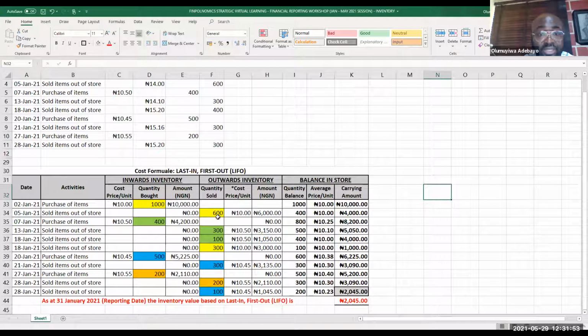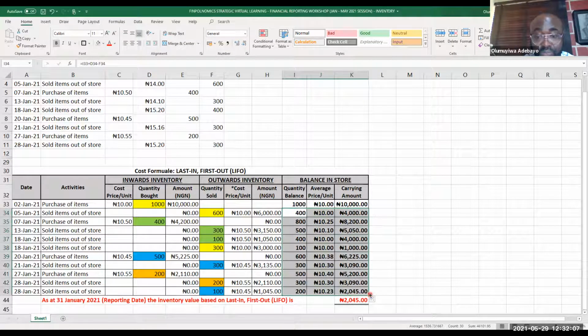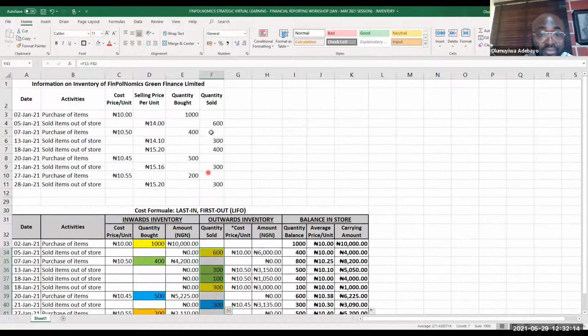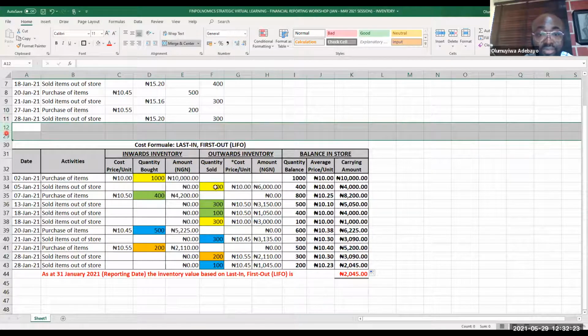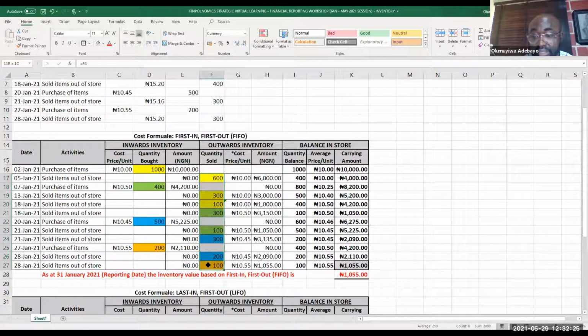The 600 was met. The 300 was met. This 400 was met. Okay, let's check our total figure here. It seems that's what is not counting. This 1,900. Okay, it's from our first in, first out that I think we've overcounted 2,000.